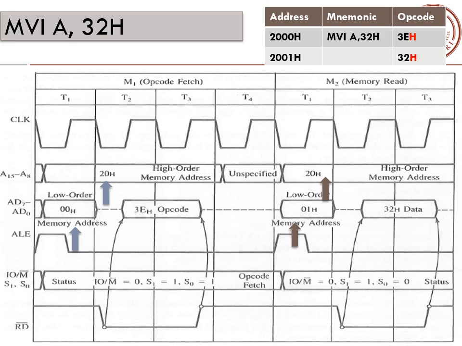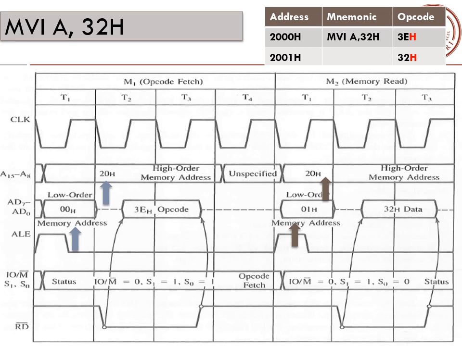So let's start the process. First, for the opcode fetch operation, you give the higher order address A15 to A8 as 20H, and AD7 to AD0 as 00. The ALE signal is high, which means you are specifying the memory address. The status signal is 011, which indicates the opcode fetch operation.